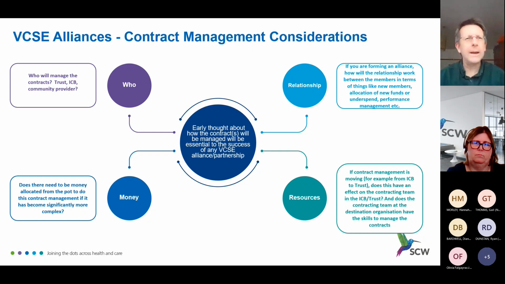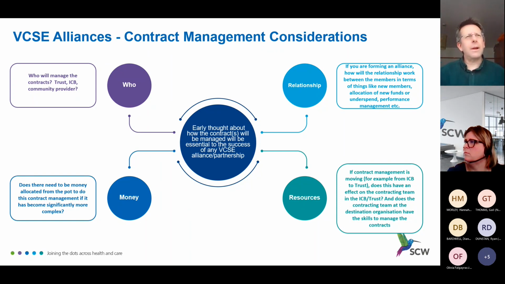And it's important to understand that, because the nature and the type of contract that you want to use may be influenced by the type of organisation that holds the ring on the contract. And it's also useful to understand that, has that organisation got the resources, the wherewithal, and the approach that can manage dealing with complex contracts?